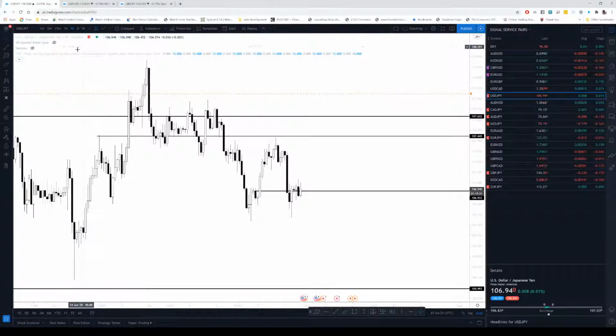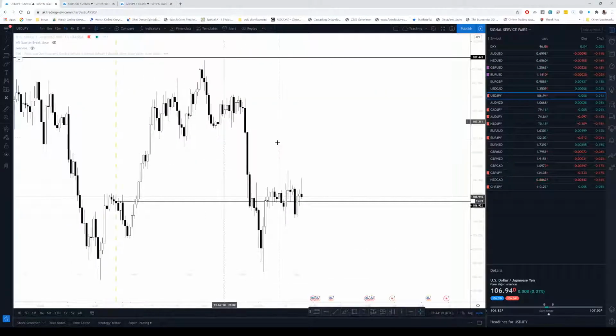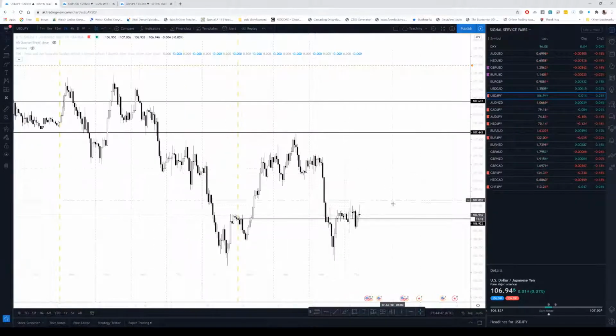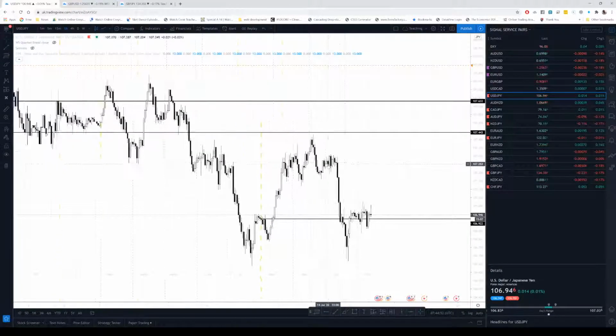So if you are short, by now you should have most of your profits off the table, and just let it run and see how far it's going to go. But your stop should be at your entry by now.